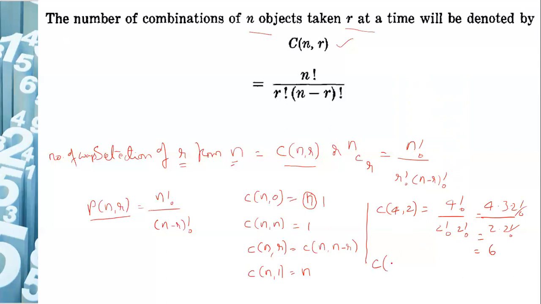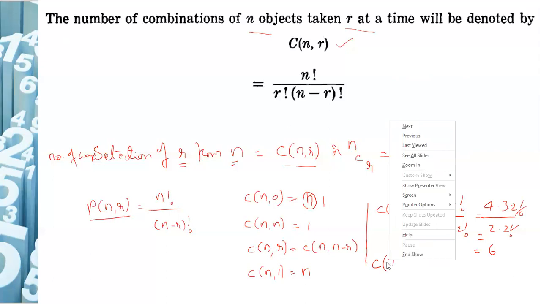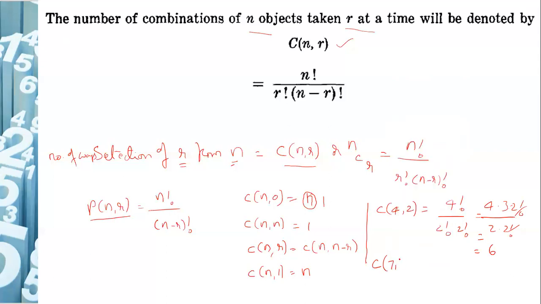Suppose you don't want to calculate this way, and we have a very big number, for example C of 7 comma 3 or C of 7 comma 2. You would have to write 7 factorial above and 5 factorial below. The shortcut is, instead of doing this, you write only 2 numbers in the numerator, 7 into 6, and in the denominator 2 into 1.